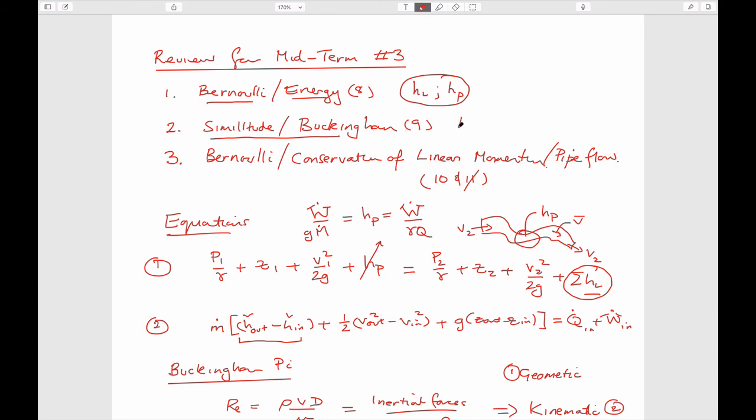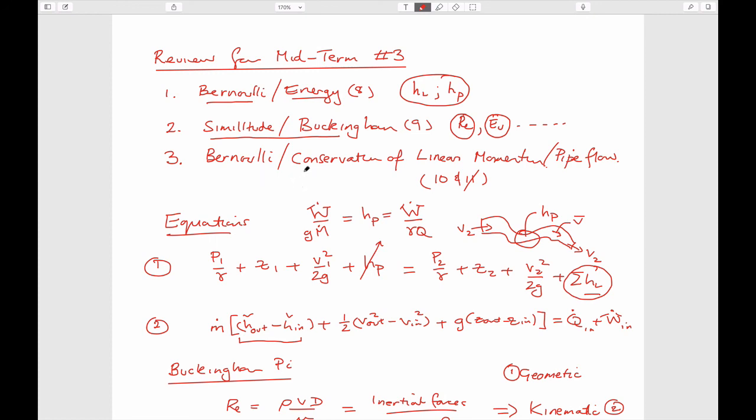They usually work out to be Reynolds numbers or Euler numbers typically. They could be in terms of other parameters for different systems, but those are typically the ones that are important. And our interest is in being able to have them geometrically similar, kinematically similar, and dynamically similar to be able to solve a problem.